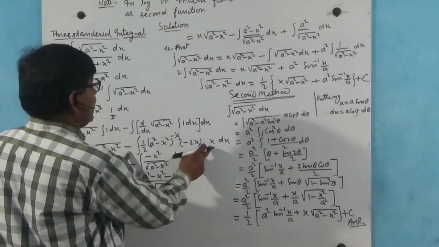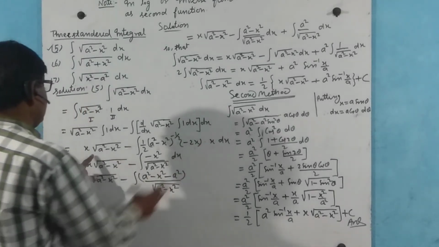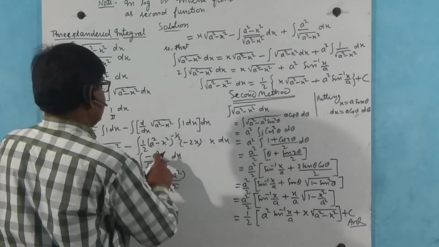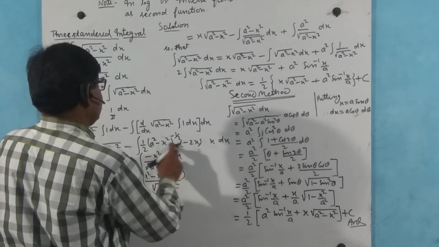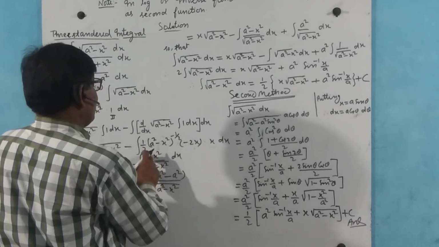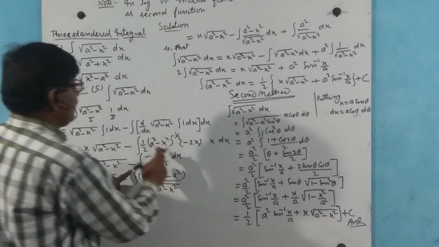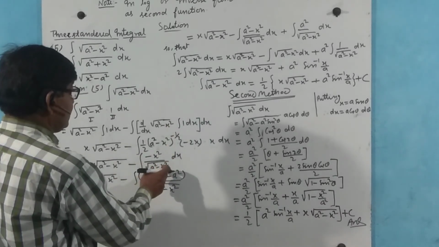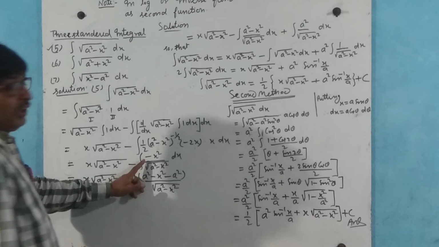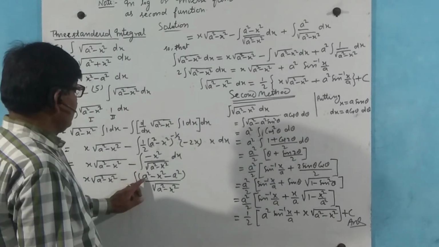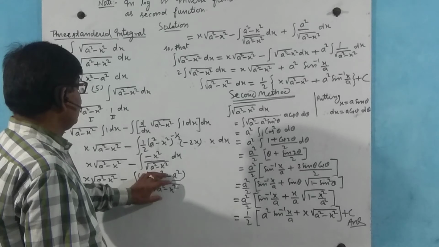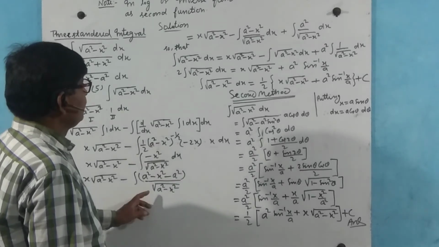Integration of 1 is x, so this comes here, and this is minus x², and 2 and 2 cancel, and the minus comes here, under root a² minus x². Now this can be arranged: a² minus x² minus a², cancel. This term comes here.